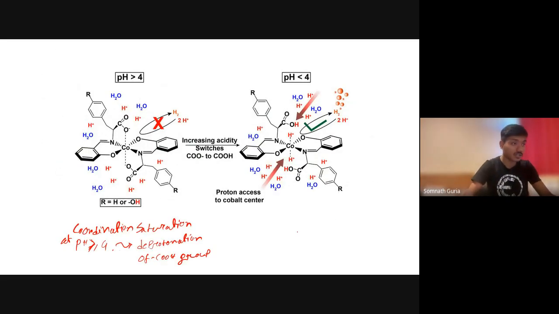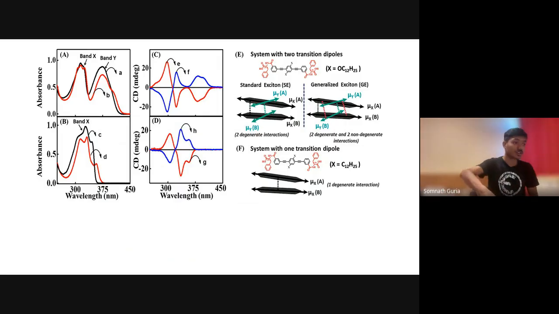Another example is this one molecule, this dye molecule over here. This is the standard exciton molecule we have, and we are getting some interesting results from it.